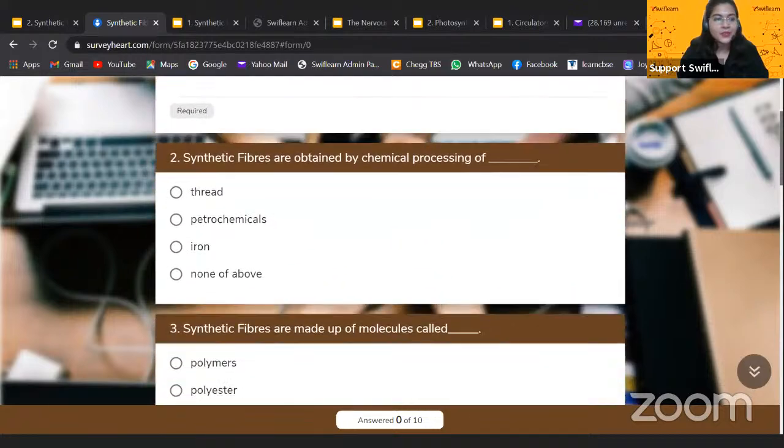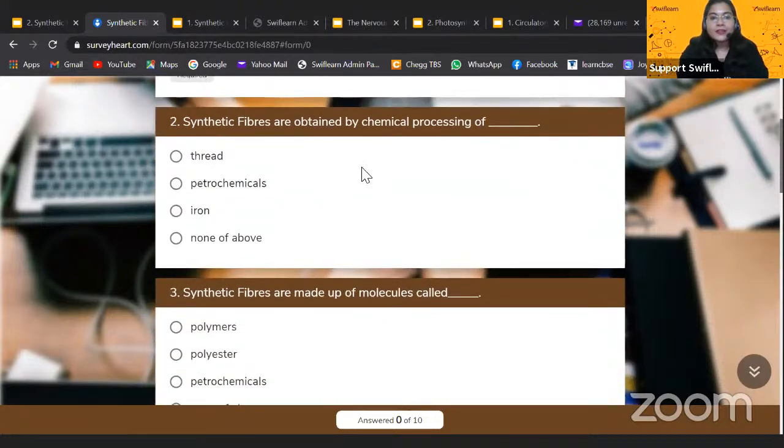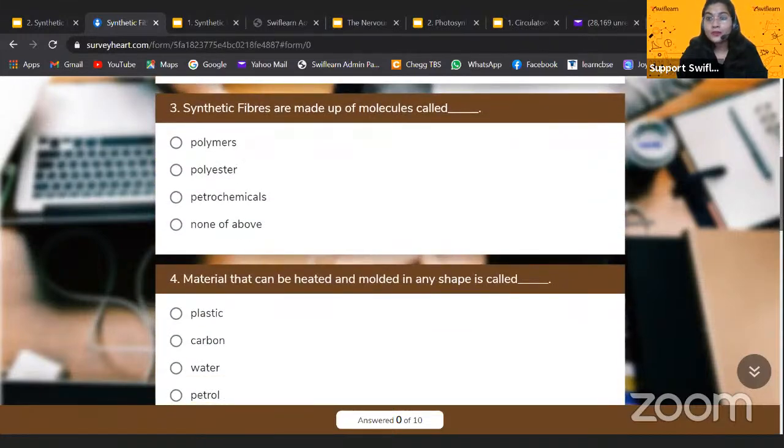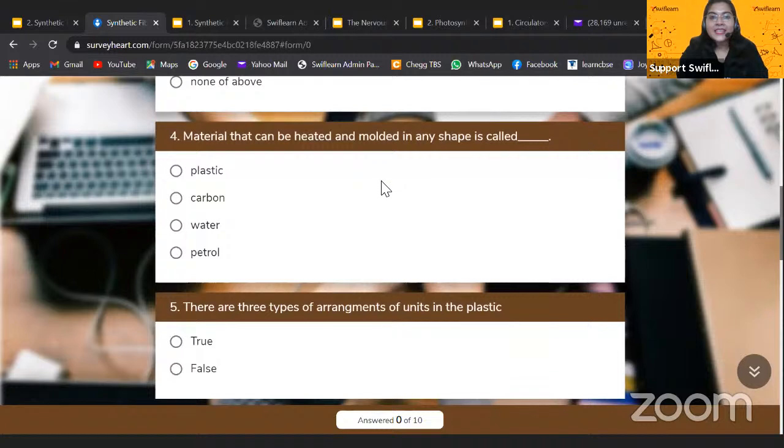So the first question: synthetic fibers are obtained by chemical processing of petrochemicals. Next, synthetic fibers are made up of molecules called polymers. Next one, material that can be heated and molded into any shape is called, we can mold anything, what is that? Plastic. Very good.